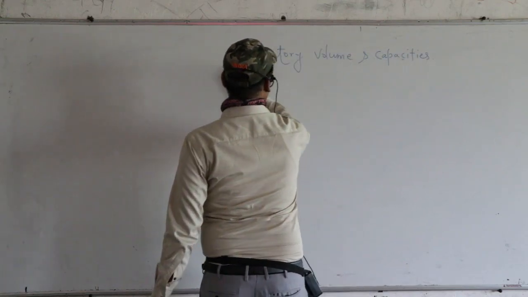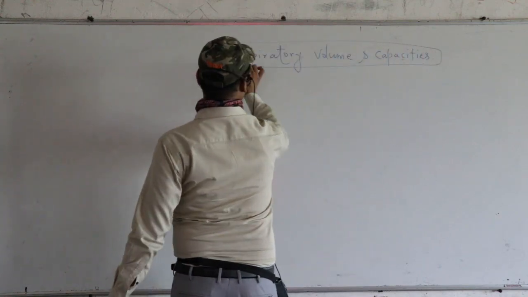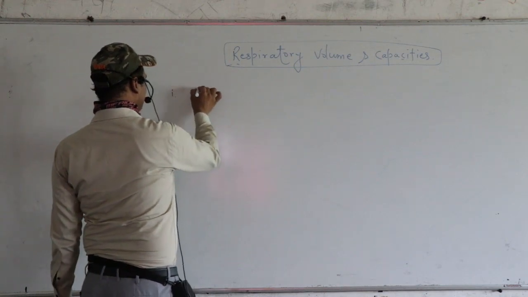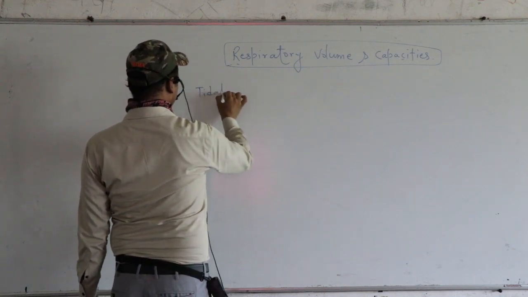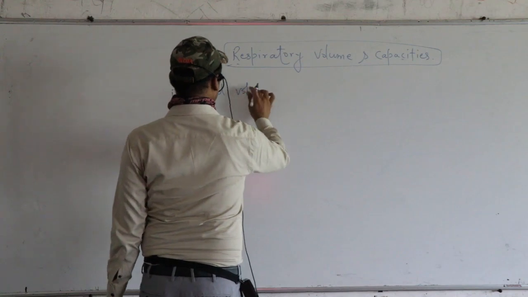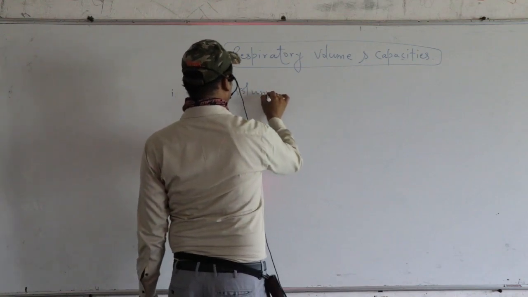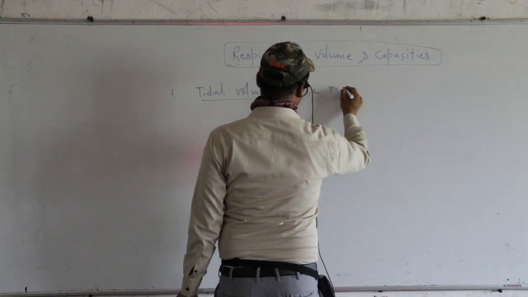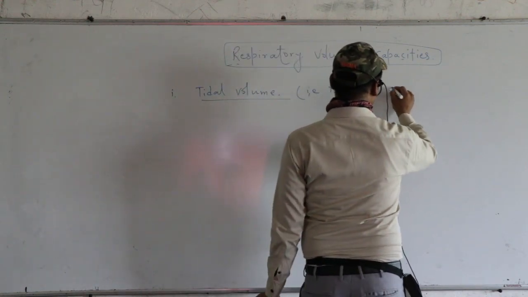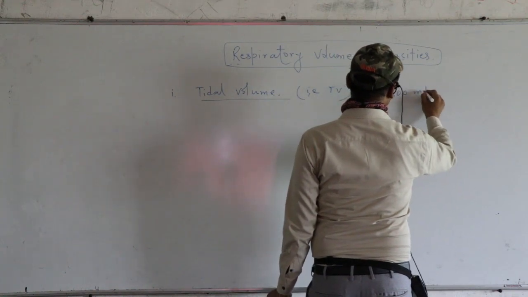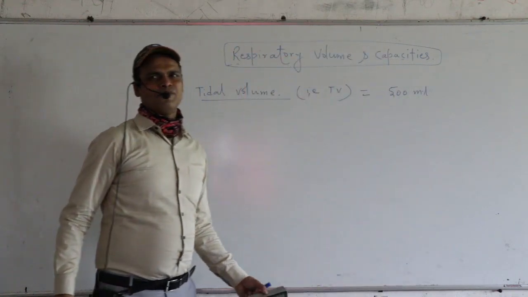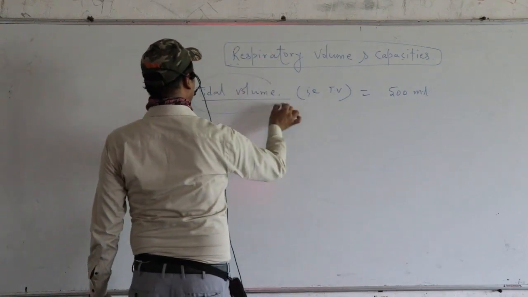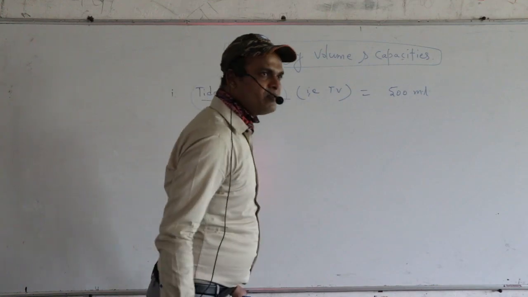First, the tidal volume, TV, and its value is approximately 500 ml. Now, how do you define tidal volume in simple words?